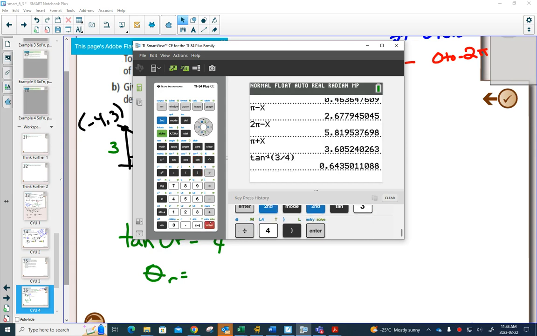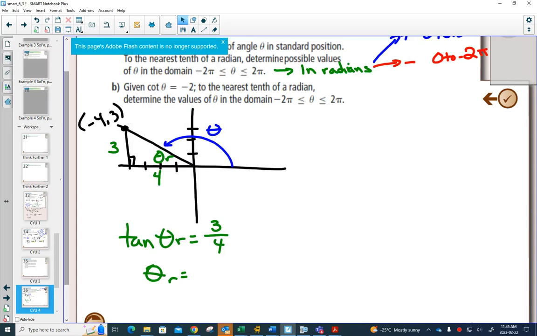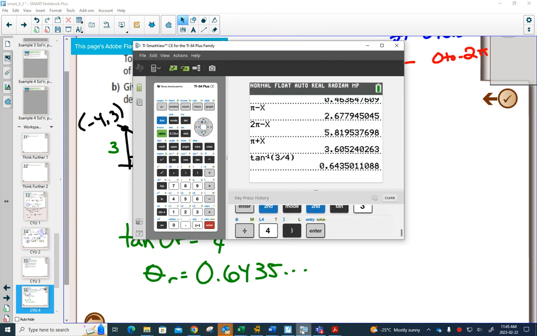And instead of getting an answer in degrees, I get an answer in radians. But it's exactly the same idea. The only thing is that your brain doesn't like this number. Right? 0.6435 is like, what does that mean?